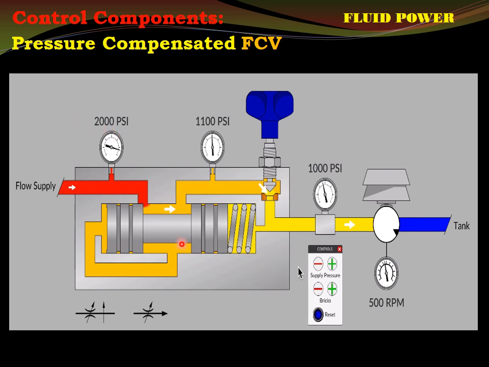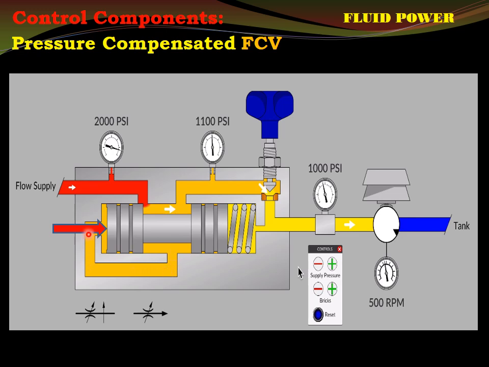Now here, what are the forces acting on this compensator spool? Number one force is acting from left to right. What is that force? That is one hydraulic force, because of the pressure here in this annular passage.